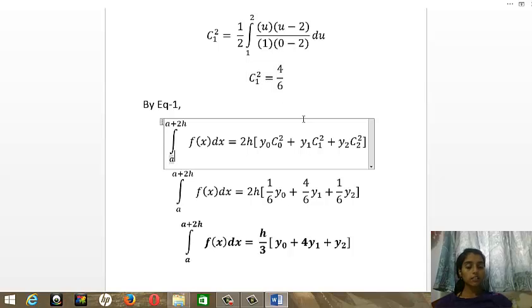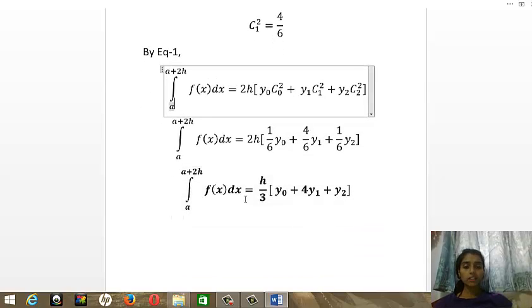So we get 2h bracket 1 by 6 of y0 plus 4 by 6 of y1 plus 1 by 6 of y2.